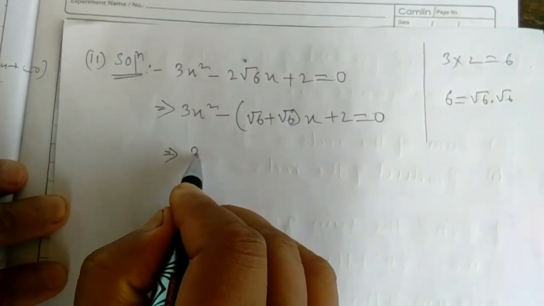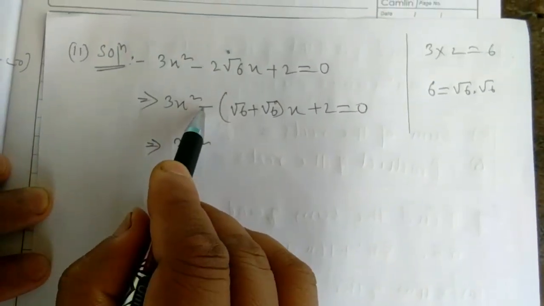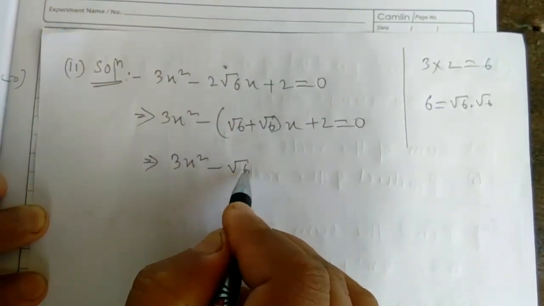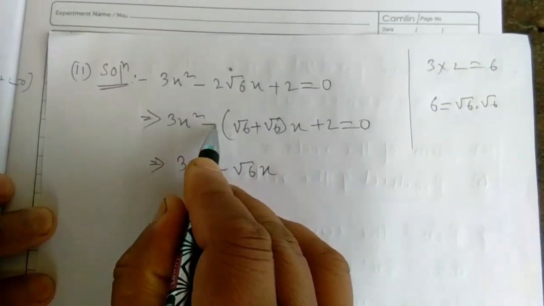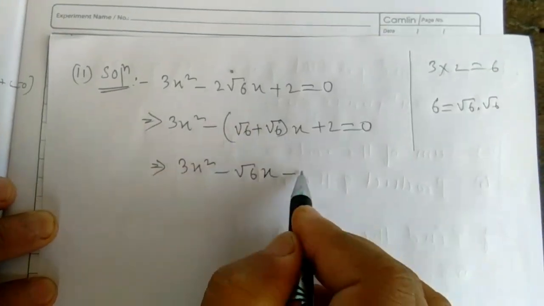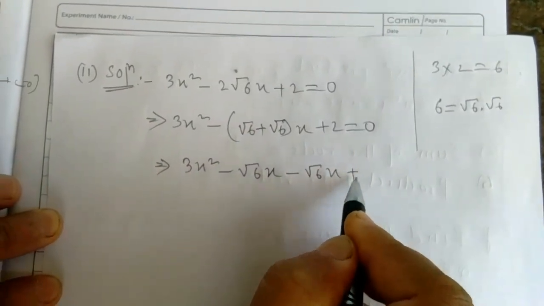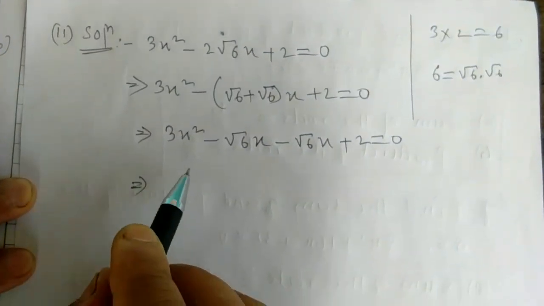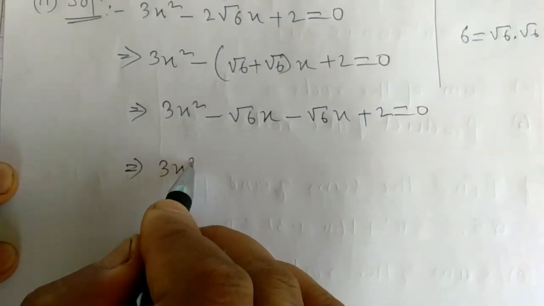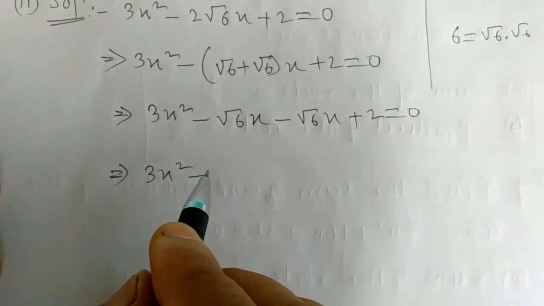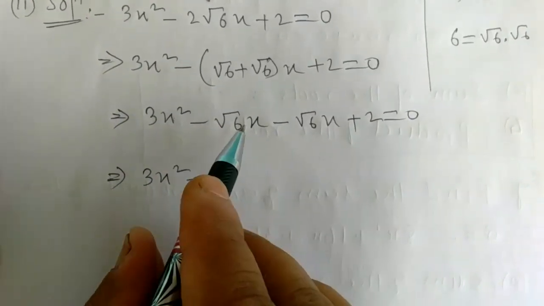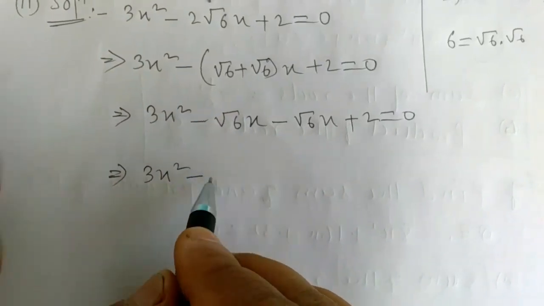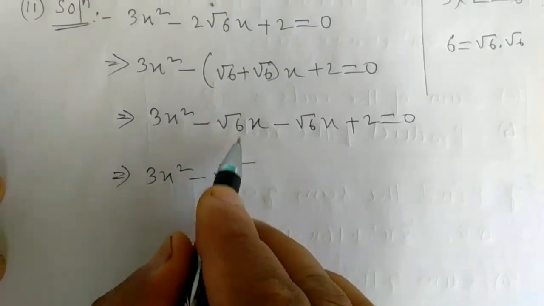Then 3x square, multiply now: minus into plus, minus root 6 into x, root 6x, minus into plus, minus root 6x plus 2 equal to 0. Next, 3x square minus this 6, we cannot find the square root of 6. So what to do? We have to break 6 in terms of 2 factors.